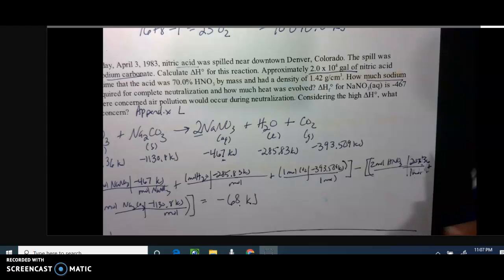And there's a lot of information about that. There's 4 quarts in a gallon, and 1 liter is 1.057 quarts. So that you would have to be given as well, English to metric. Milliliters to liters. My density, 1.42 grams per cubic centimeter.